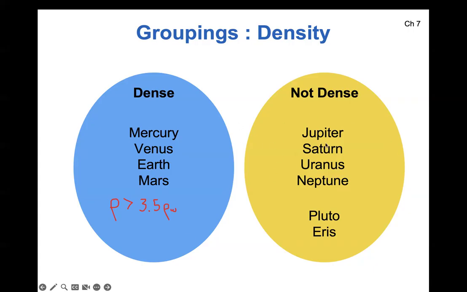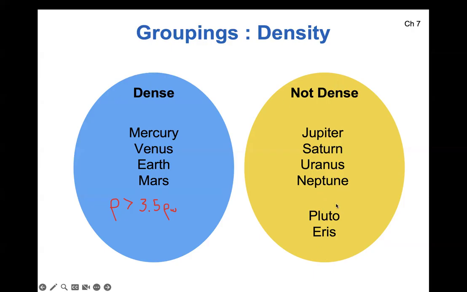Okay. The not dense planets, Jupiter, Saturn, Uranus, and Neptune, would all have lower densities. Okay. One of them, in fact, Saturn, has a density that's less than water. The other 3 planets with low densities, here in the not dense category, are close to water, but slightly above it, so in the 1.1 to 1.3 range.